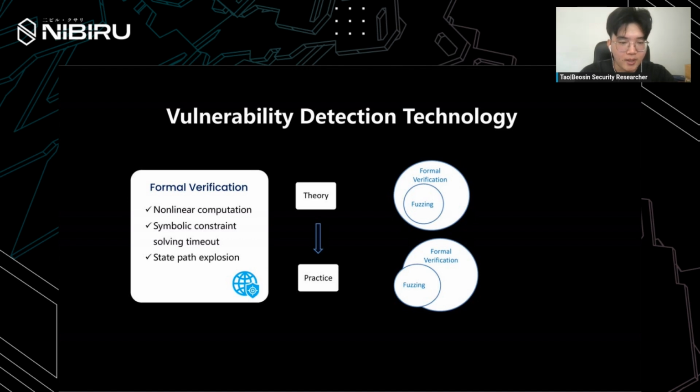For complicated programs, when we analyze the execution paths, there may be many of them, which leads to state path explosion.